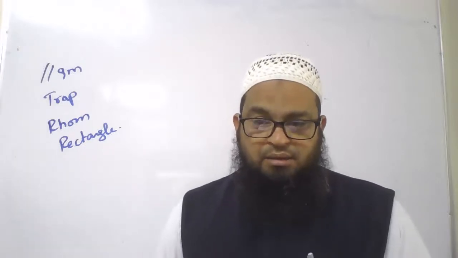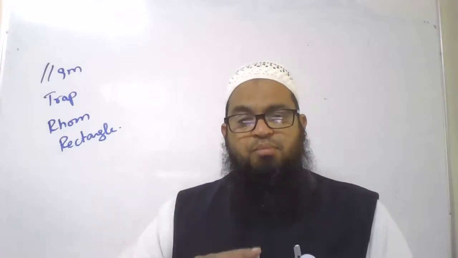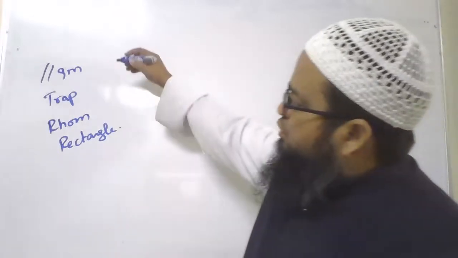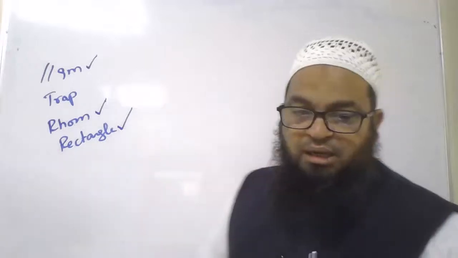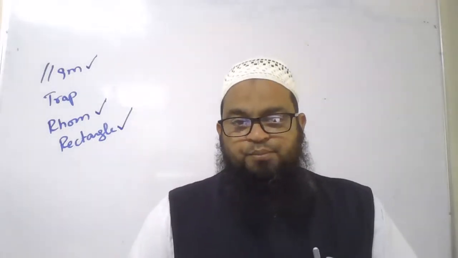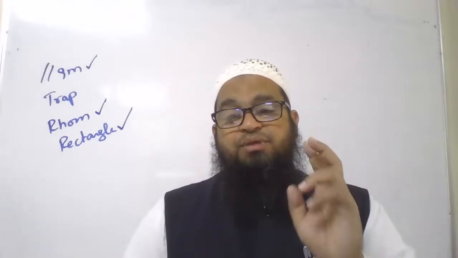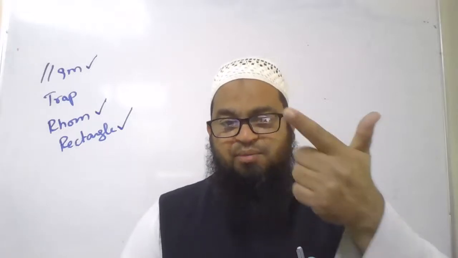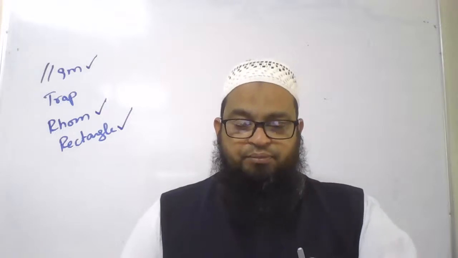What about rectangle? Yes, very good. Rhombus and rectangle also. So the quadrilaterals having two pairs of parallel sides are parallelogram, rhombus, and rectangle. Is it clear? So all parallelograms have two pairs of parallel sides. That means parallelogram, rhombus, rectangle, and square. I hope it is clear now.